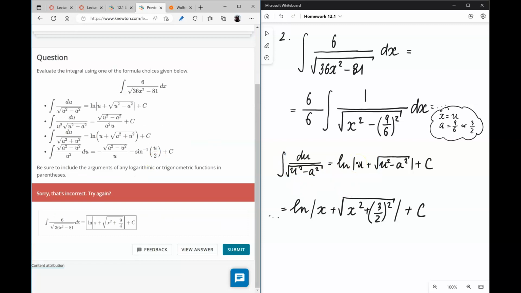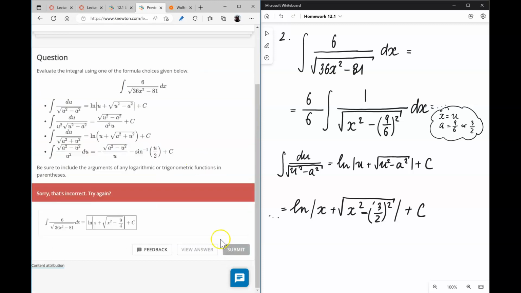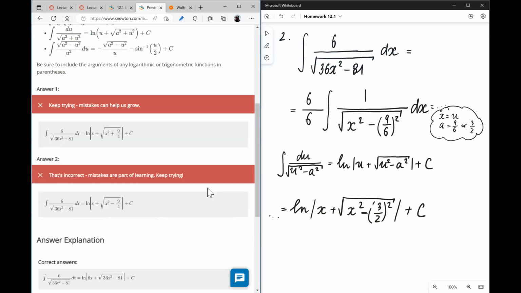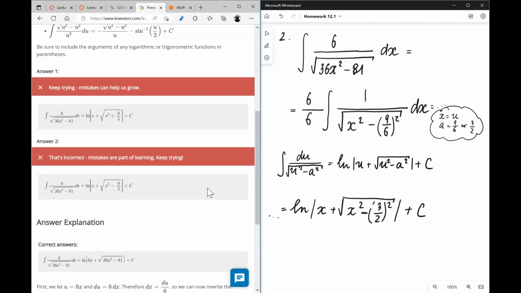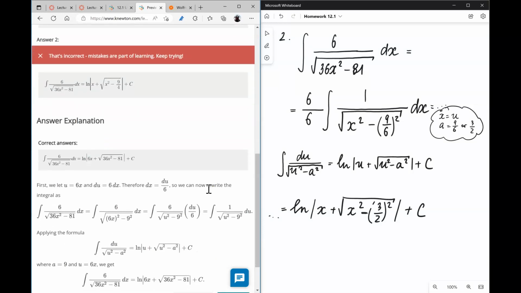Not sure how the minus became plus, so it's actually minus here. This is a glitch.